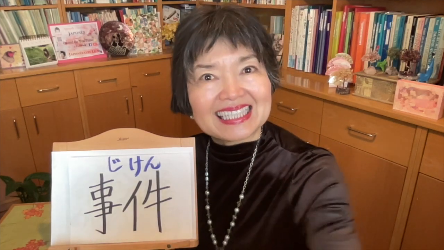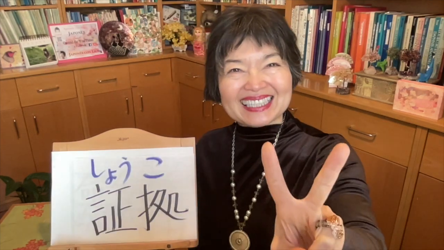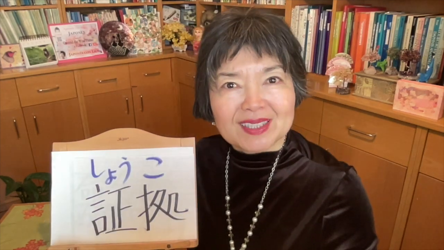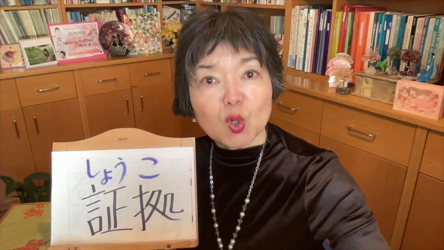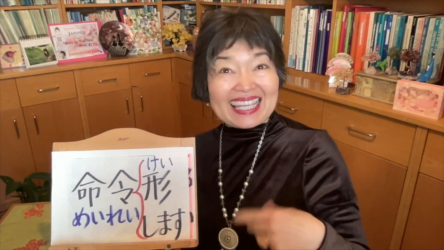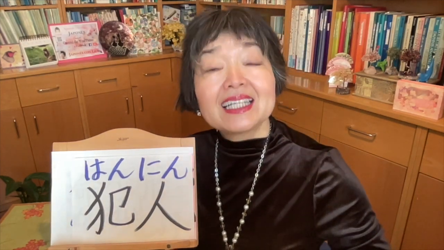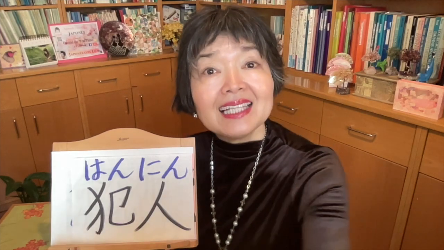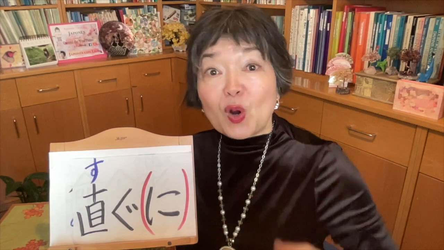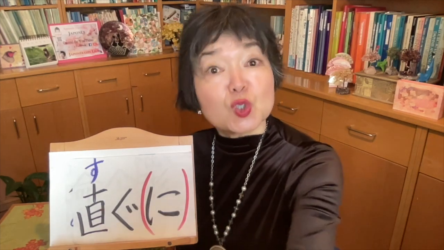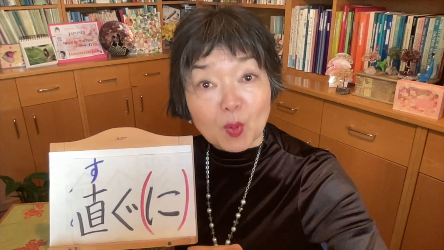These kind of things, 事件。2番目, show the proof, evidence, 証拠。3番目, get in this car。4番目, hurry, find the culprit, a criminal person, 犯人。5番目, 最後です。Come right away. The adverb right away, at once. すぐ or すぐに both are okay.